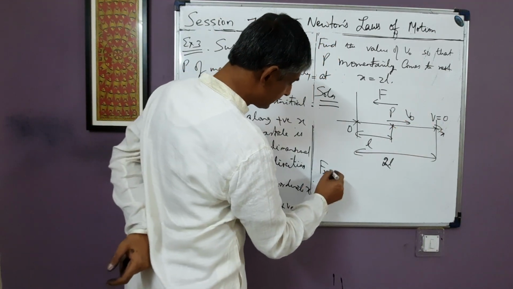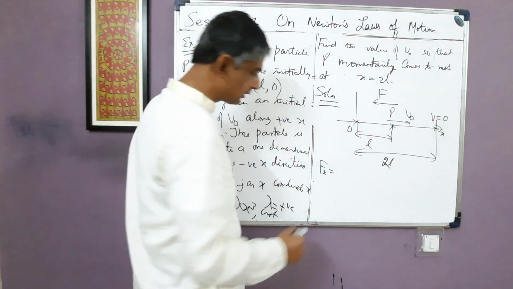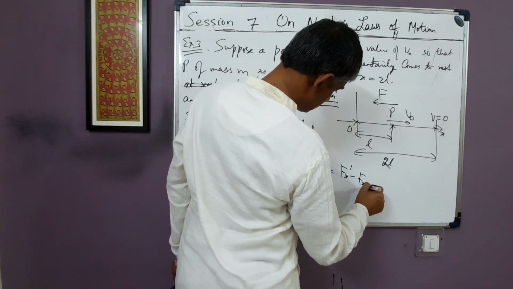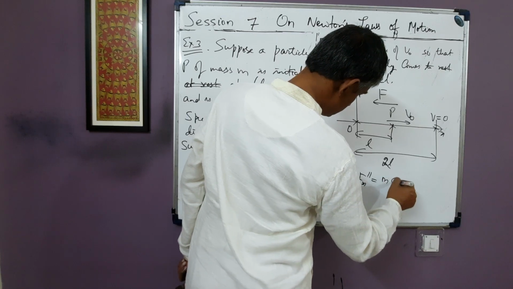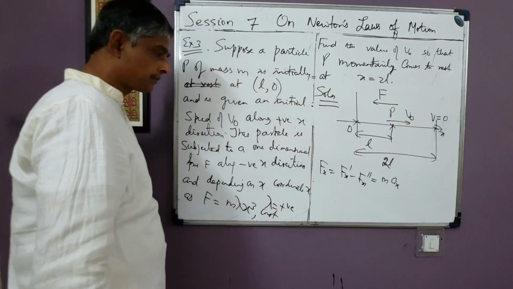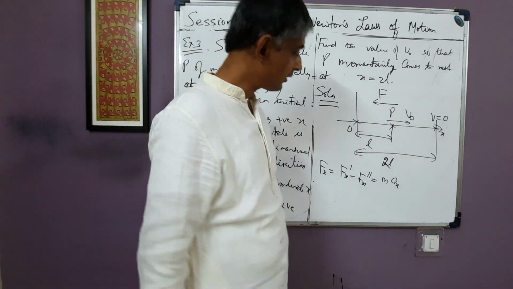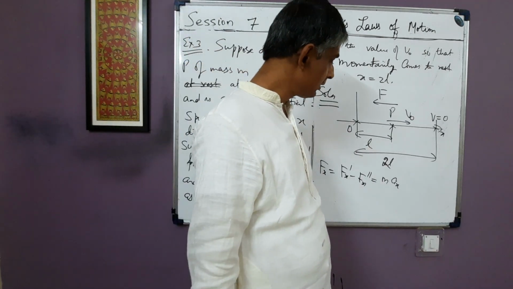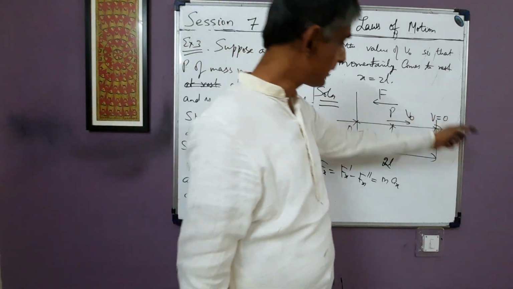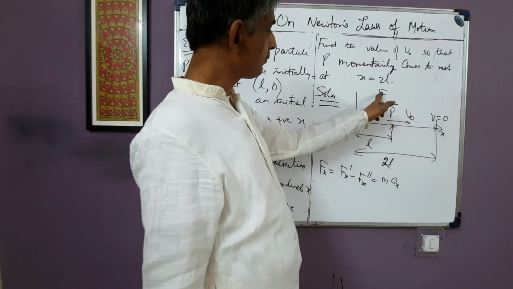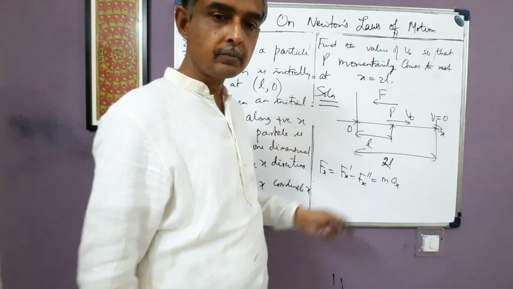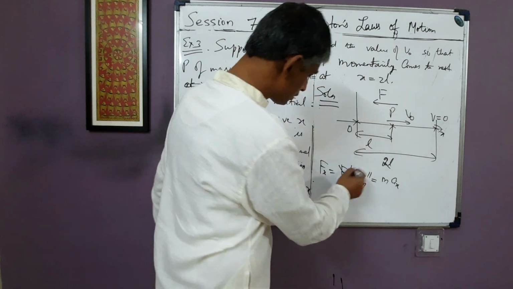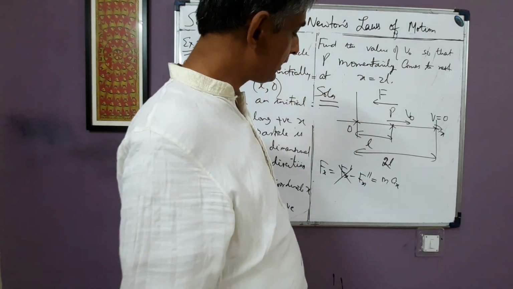So the x component of net force on particle is equal to Fx dash minus Fx double dash, which equals m times ax. Now what is Fx dash? Fx dash is the sum of x components of those real forces on particle which make acute angle with positive x-axis. But there is only one force F on P, which is along negative x direction. So there is no force which makes acute angle with positive x-axis, and this term goes away. What is Fx double dash?